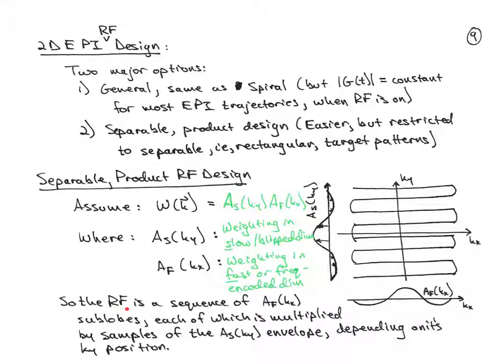So in other words, the RF is a sequence of AF sublobes, each of which is multiplied by samples of the AS of ky envelope depending on that sublobe's ky position. Sublobes you could also say subpulses, right? So the echoplanar pulse is made up of a series of identical subpulses, and each one is weighted by its position in the AS of ky envelope.